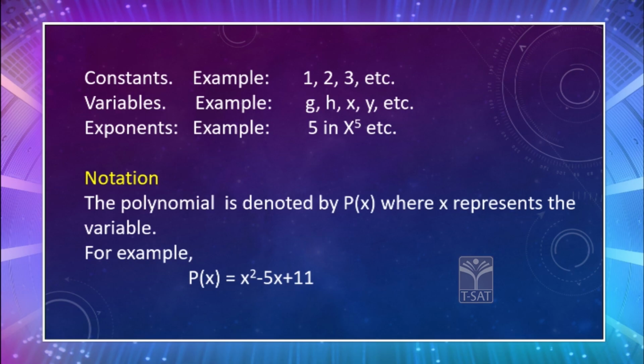So, simply we have to understand that a polynomial is denoted by p of x. For example, p of x is equal to x square minus 5x plus 11. Is it clear? Here x is the variable, x square has the exponent, and 11 is a constant. Here minus 5 is also a constant; it is considered as the coefficient of x.